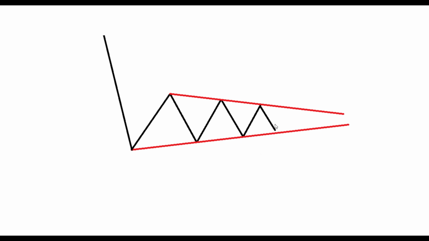The likelihood, which is not 100%, is for price to go down once it breaks the wedge. But it can go either way. As I said before, it can go either way. You're just marking it up and you're just ready for it either way it goes. Okay?